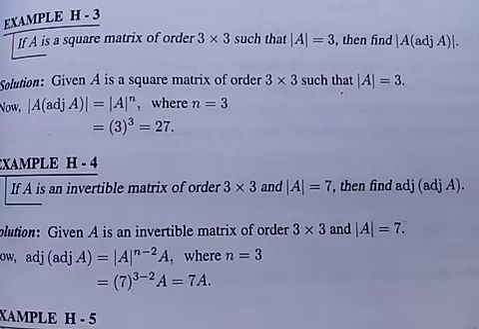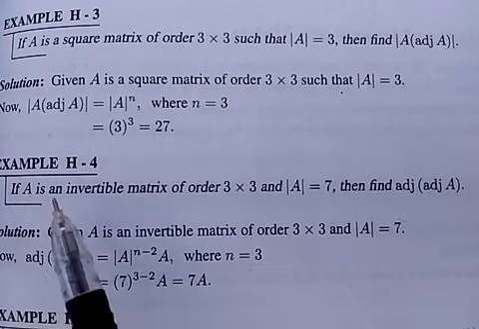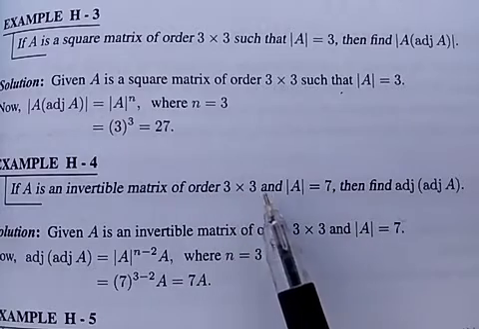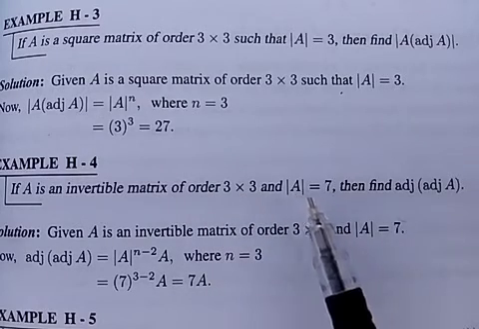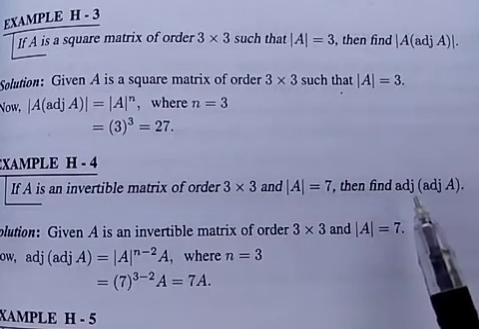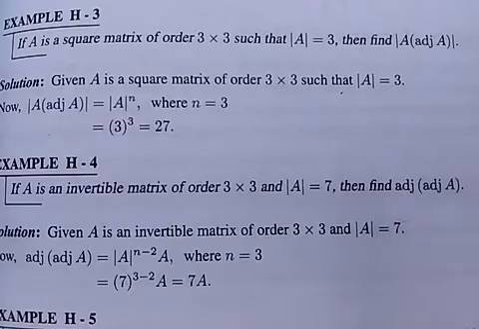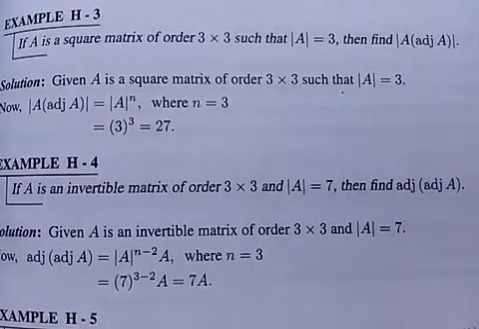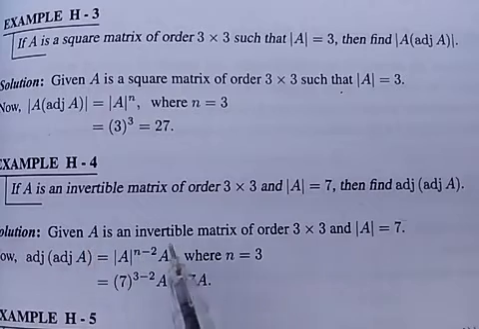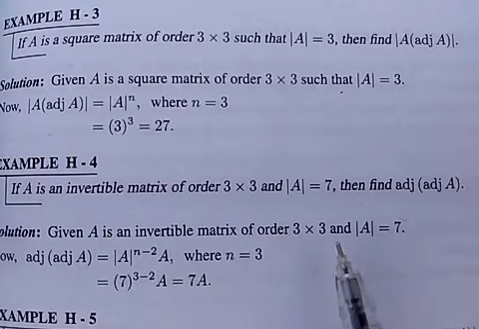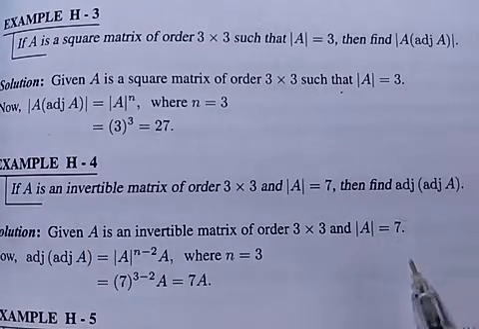Next problem we have: if A is an invertible matrix of order 3 by 3 and determinant of A equal to 7, then find the value of adjoint of A. A is an invertible matrix of order 3 by 3 and determinant of A equal to 7, it is given.